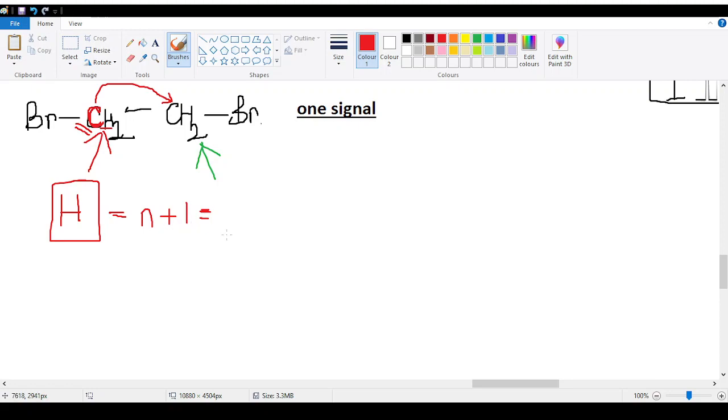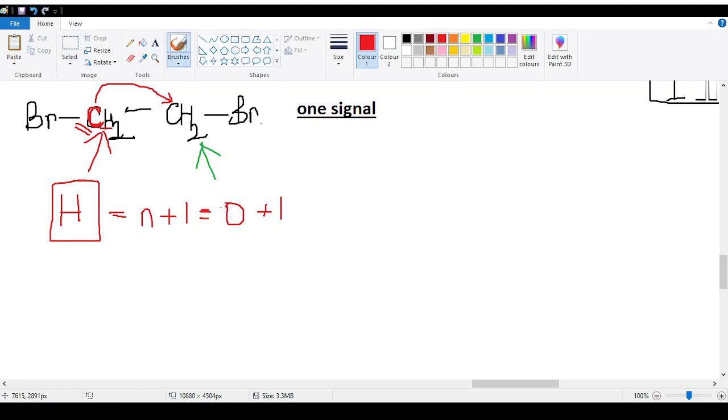Yes, but will we take them or will we not consider them? Will we take 0 plus 1 or will we take 2 plus 1? What should we do? I guess we'll take 2 plus 1. Nope, we'll take 0 plus 1 because those hydrogen atoms have the same environment as the ones on this carbon, so they are equivalent. So we will not consider them.